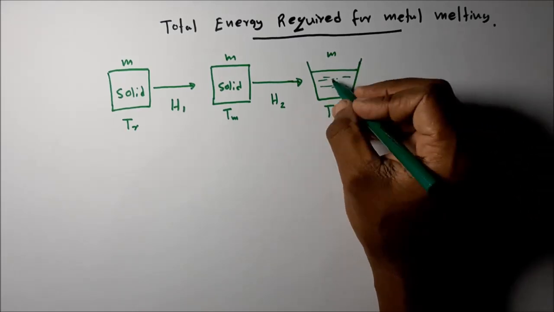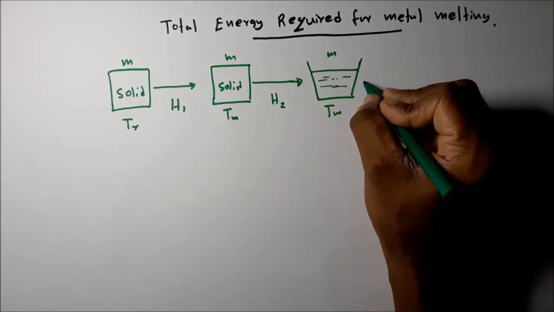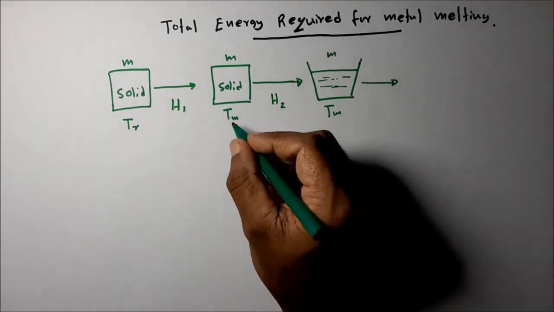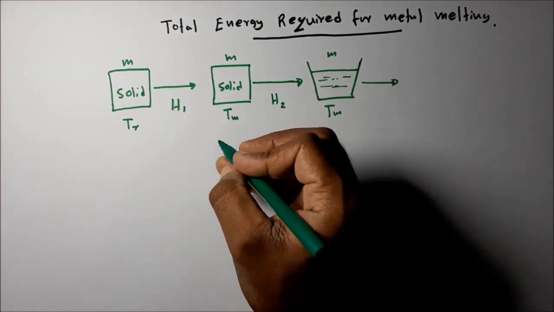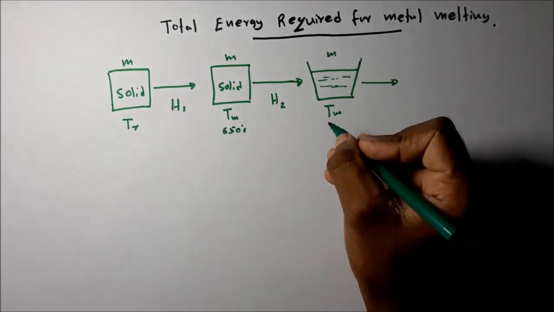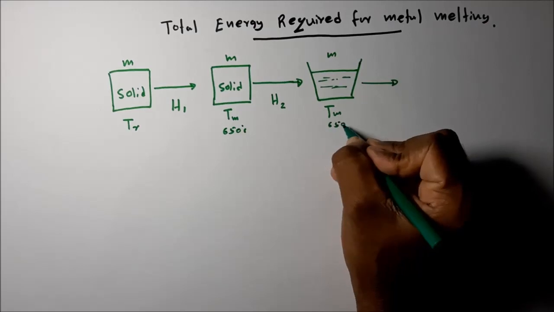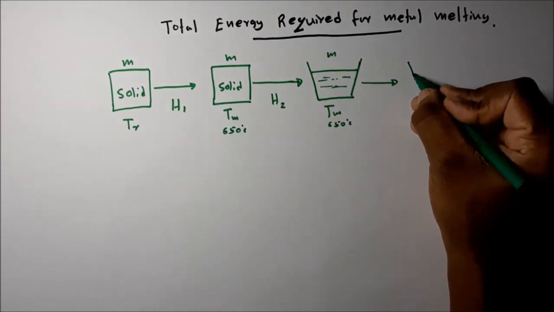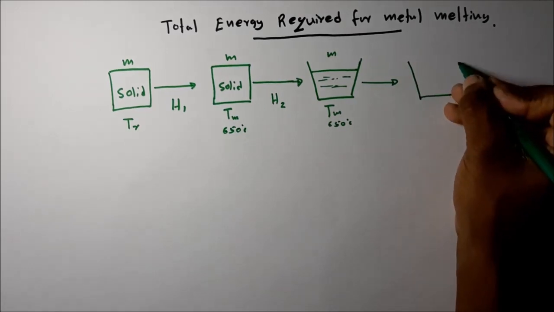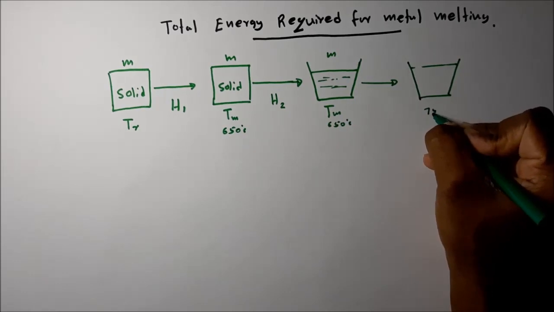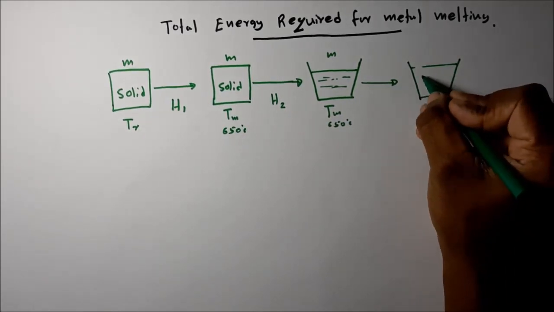So we have to increase the temperature to a pouring temperature. For aluminium, the melting point is 650 centigrade. So we take it to some elevated temperature for pouring, around 750 centigrade, for example.